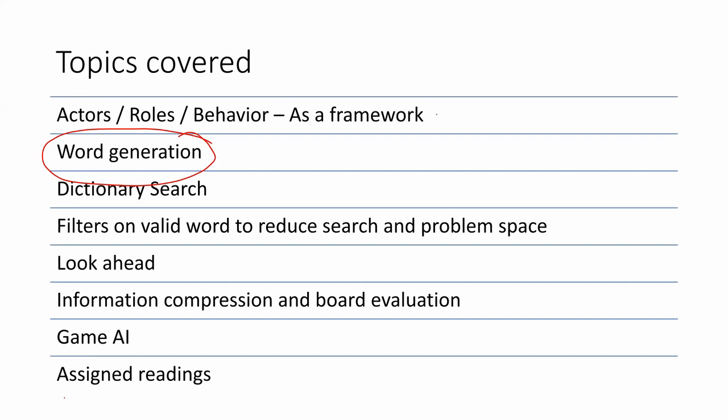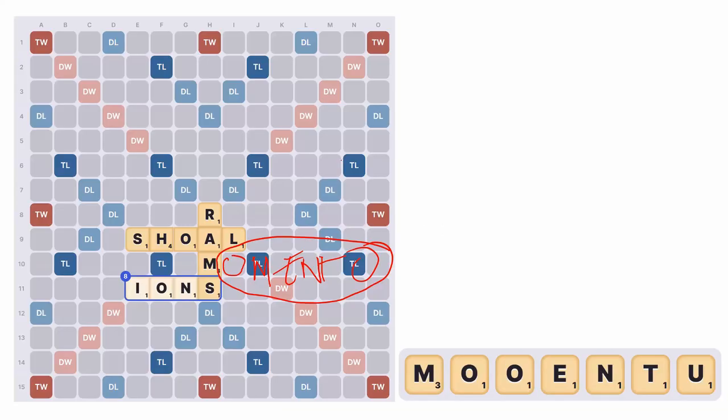Alrighty, so actors, roles, and behavior. So now think in terms of word generation. How does the word generation piece work? And what is word generation? तो आपके पास एक slate है, for example. Let's go on to our slate. There you go.